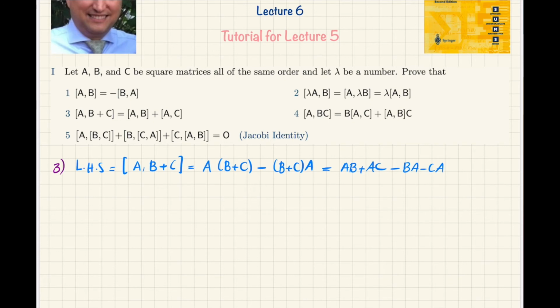But then you see that I can collect them in this form. I can write AB minus BA together, and I can write AC minus CA together. But the content of the first pair of brackets is nothing except the commutator of A and B, and the same thing for the second pair of brackets. So that's the commutator of A and C. So then this becomes the right hand side.